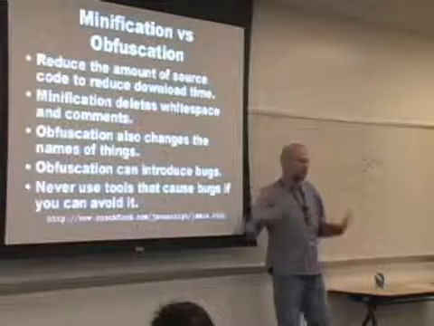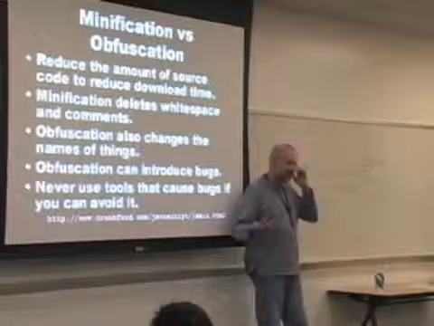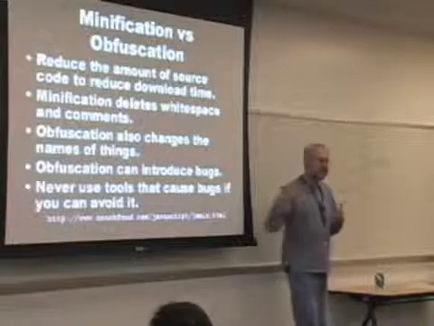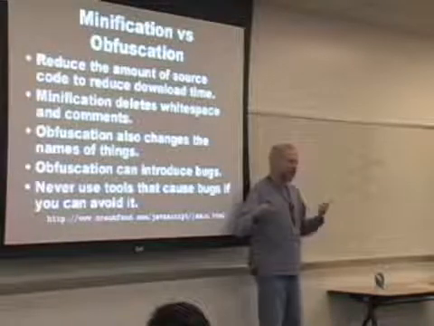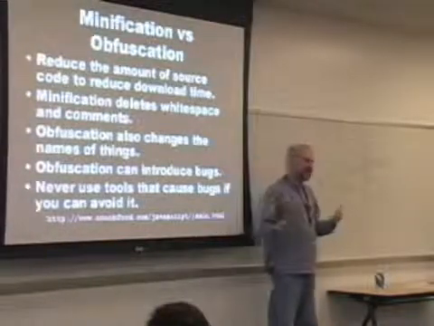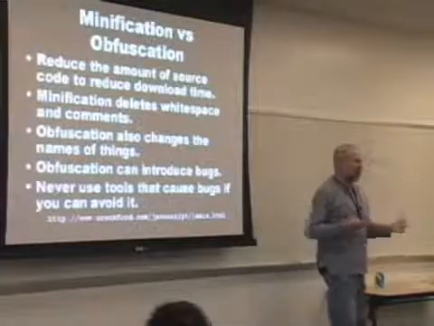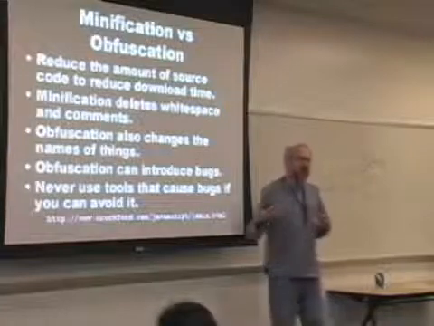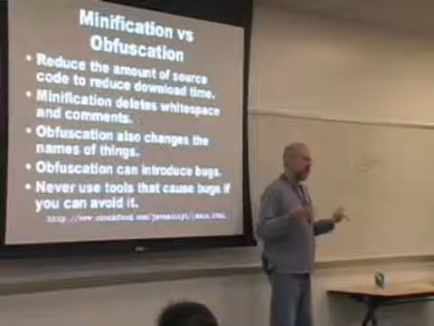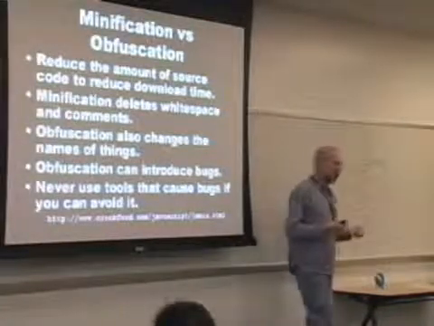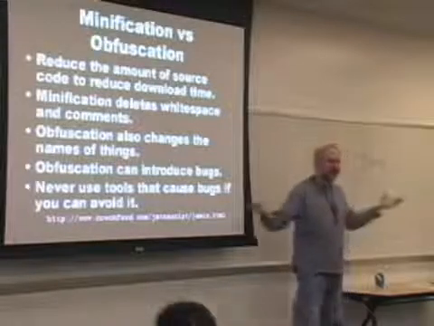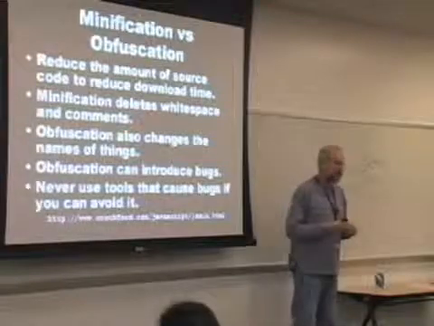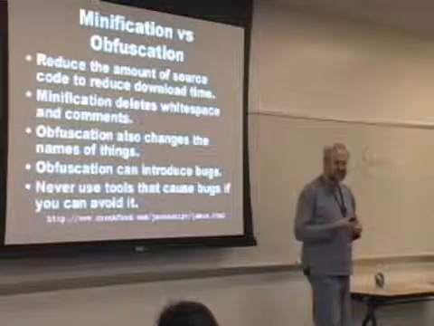I mean, the scope rules in JavaScript can be a little difficult to understand, as we've seen, and there's an equivalence between dot notation and subscript notation, so sometimes names and strings have a correspondence. Obfuscators, especially aggressive ones, have been known to inject errors into working programs. And because all the names were changed, they become virtually impossible to debug as well, because you can't figure out what's going on.